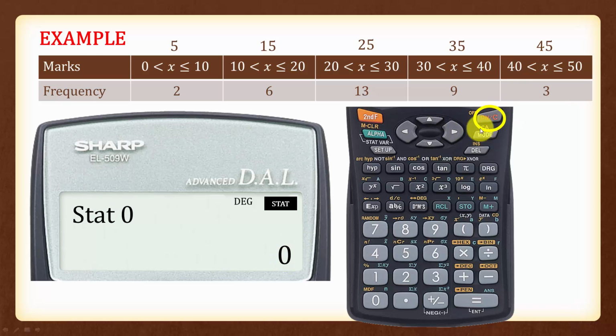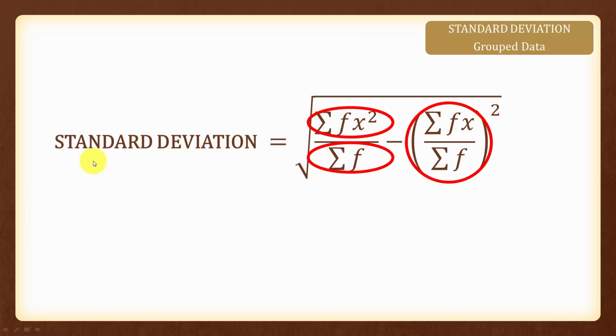Now you can press the cancel button to return to this screen here. To recall, the standard deviation is given by this formula here, and we will need to find the summation of fx squared, the summation of f, and the mean using the calculator.